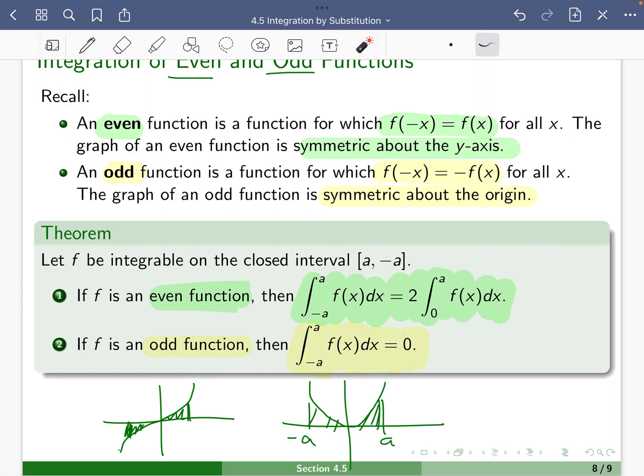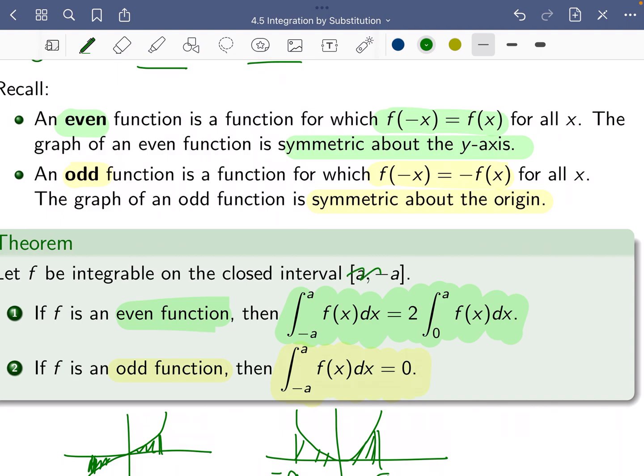So we could just go from 0 to a and double it because the other piece is the mirror image. Here this is a mirror image, but a negative mirror image of this, and so that's why it zeroes out. So this one becomes twice the integral from 0 to a. This is just going to cancel out if you have an odd function. And so this should be a closed interval from negative a to a.